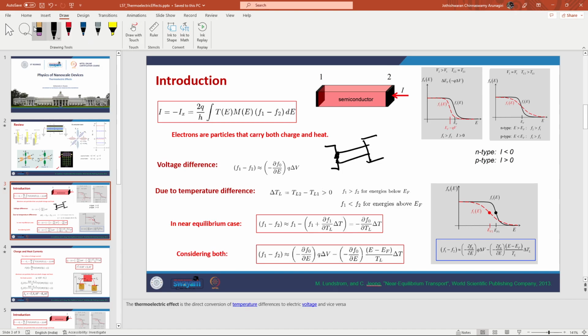So let me just draw the diagram more clearly so that the things can be explained. We essentially have energy losses occurring here and here. So whenever there is an energy loss, there will be a temperature change.